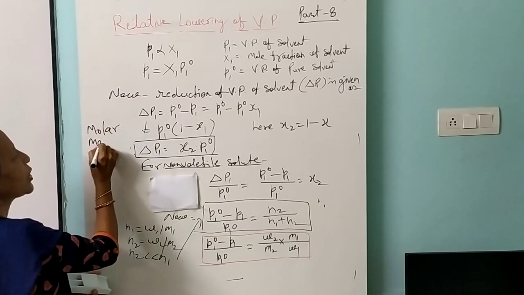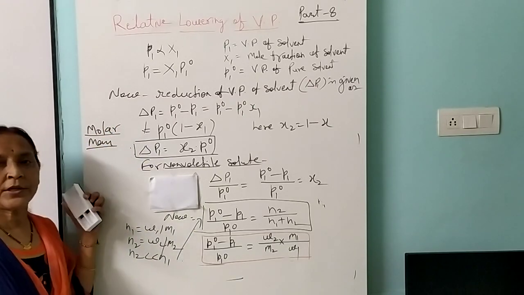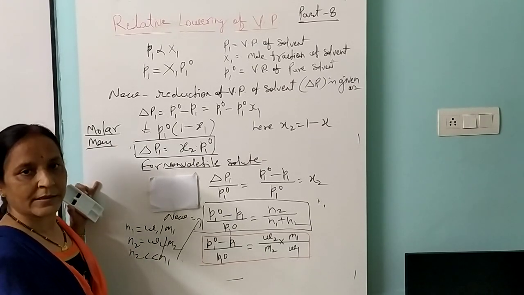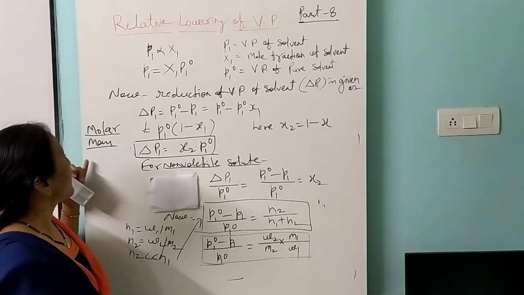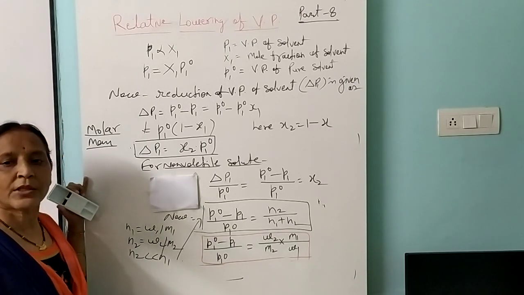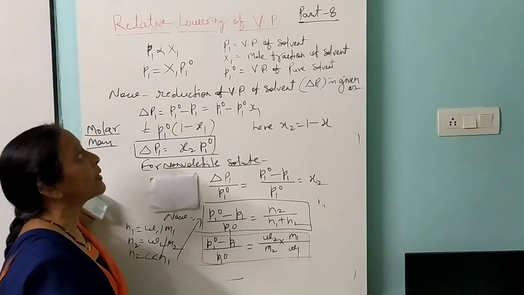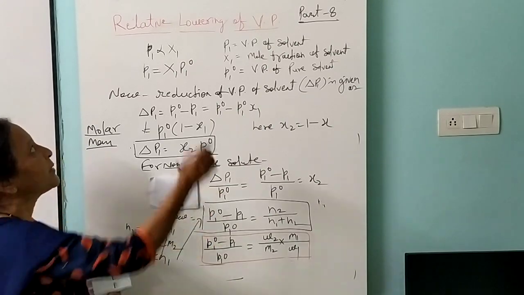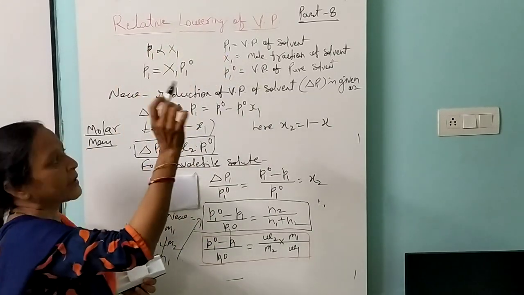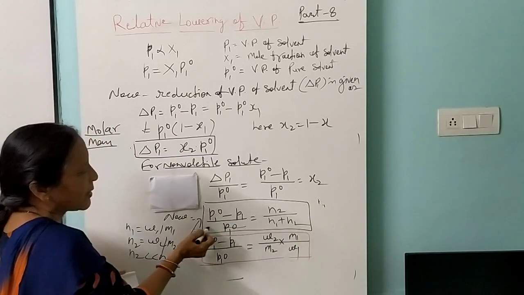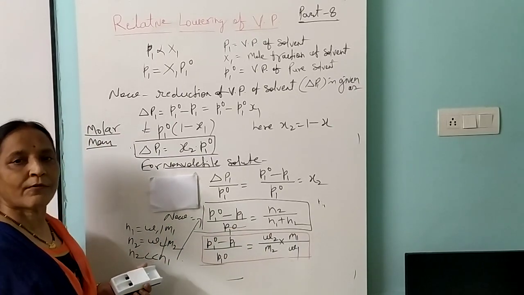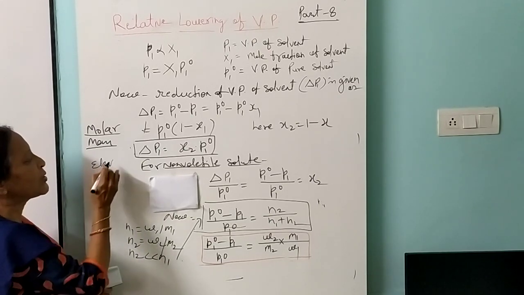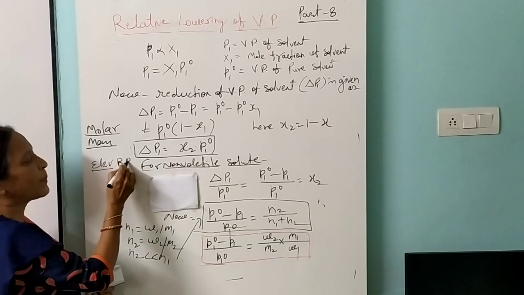For calculation of this molar mass, we will study one by one the different terms. Relative lowering of vapor pressure, which I will explain, as well as elevation of boiling point, which is also a colligative property.